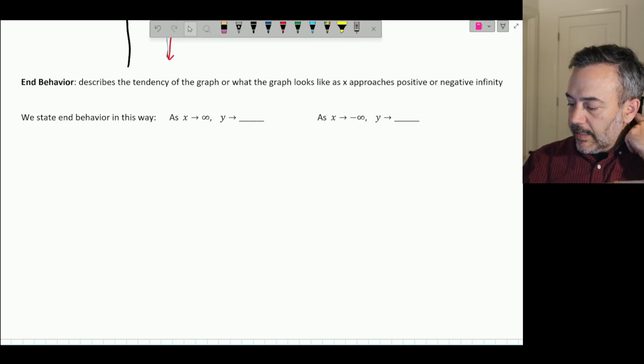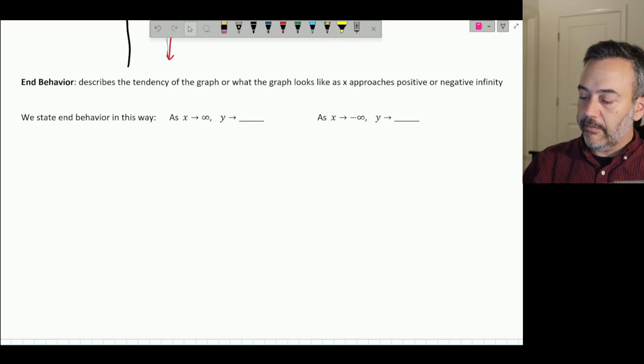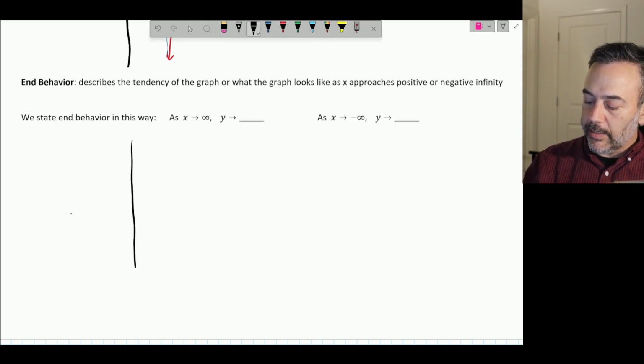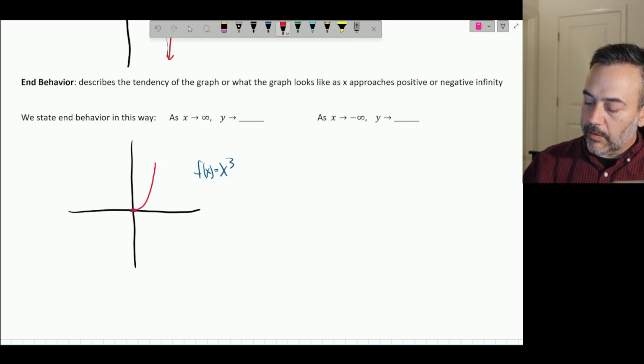Okay, so end behavior. This describes the tendency of the graph, or what the graph looks like, as x approaches positive or negative infinity. So let's look at an example. What about x cubed? The graph of x cubed is this, and f of x are y values, and the graph of x cubed goes up like this, and on the left side it goes down.